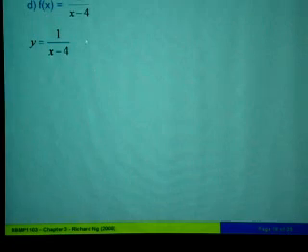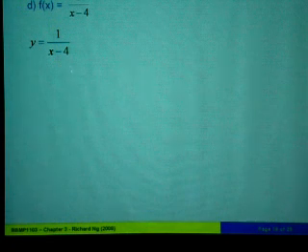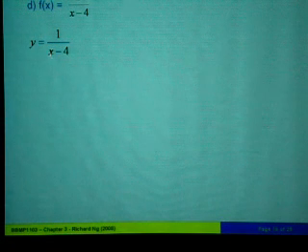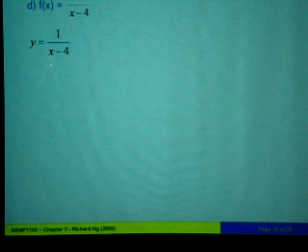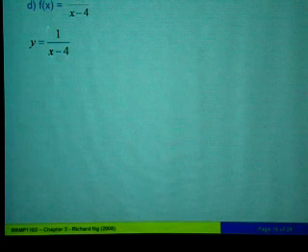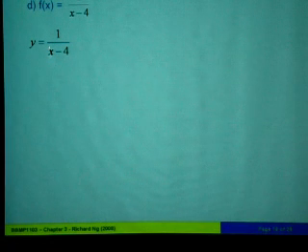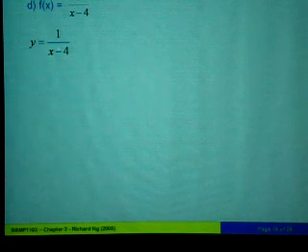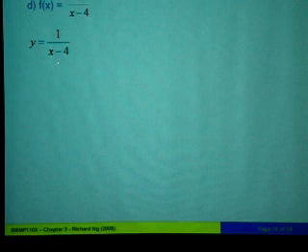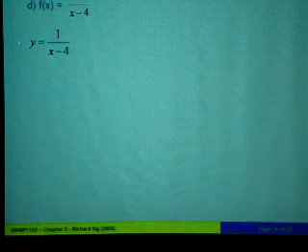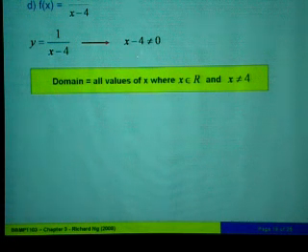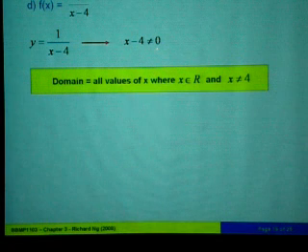So for a fraction like this, 1 over x minus 4, in order to find the domain, it will be all the values of x. Okay? But this fraction will only exist if x minus 4 is not equal to 0. Remember, the denominator can never be 0 for y to exist. So we can say x minus 4 must not be equal to 0.